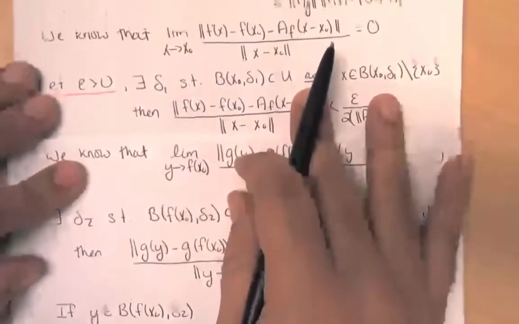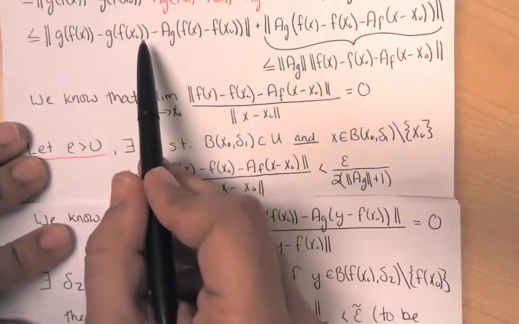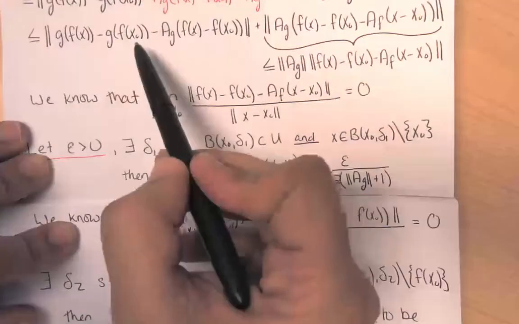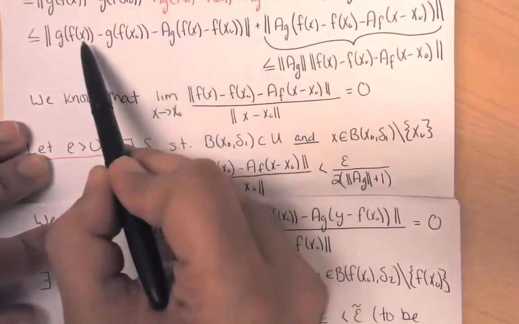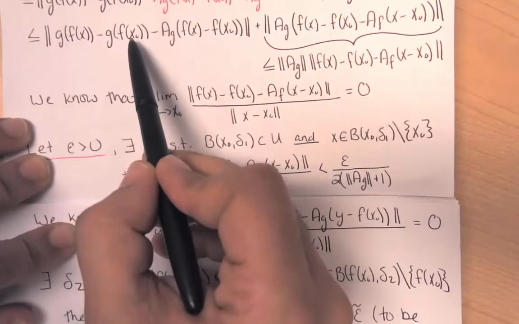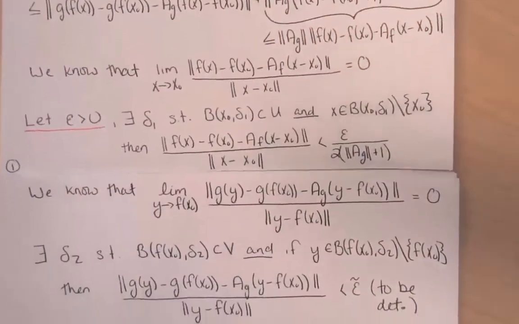However, remember, our goal is when I divide this by x minus x naught, I want it to be arbitrarily small. And there's no way of me knowing whether f of x is going to equal f of x naught for x close to x naught. In other words, I don't want to divide by 0.